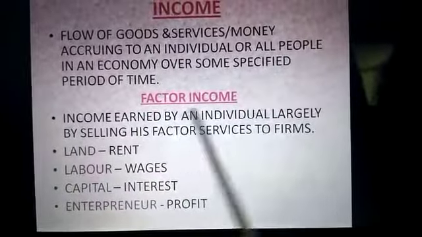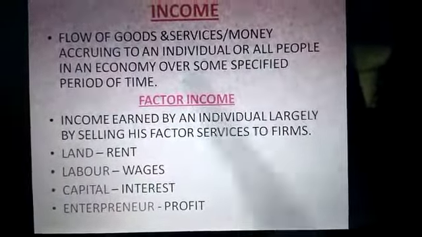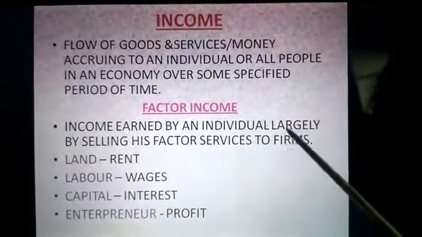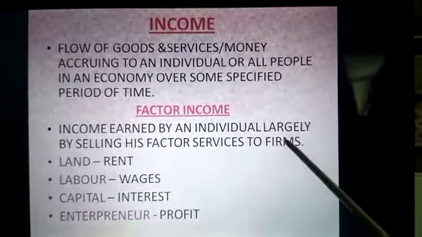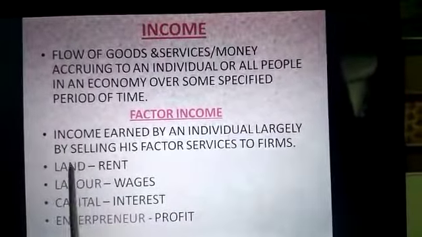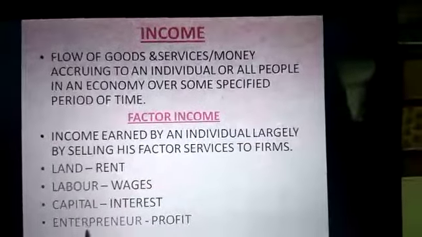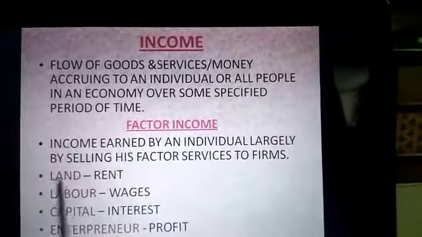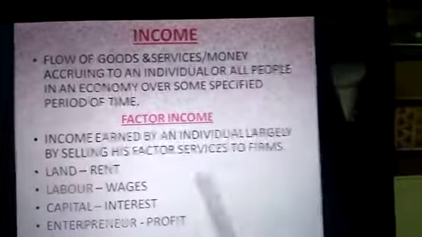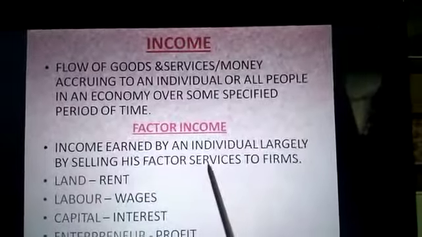Income earned by an individual largely by selling his factor services to firms. Firms means producers. They are the ones who are producing the goods. They produce the goods with the help of land, labor, capital and entrepreneur. These are factors. These factors provide their services to the firms. Why do we say they are providing their service?